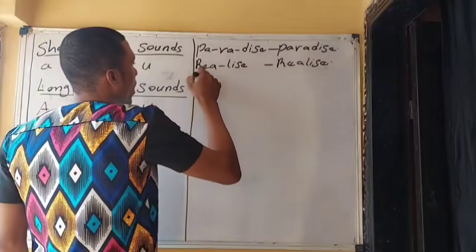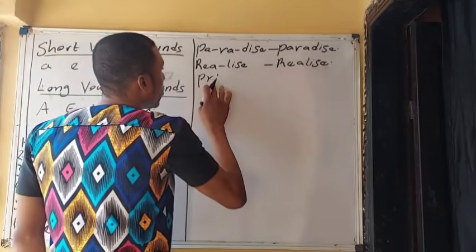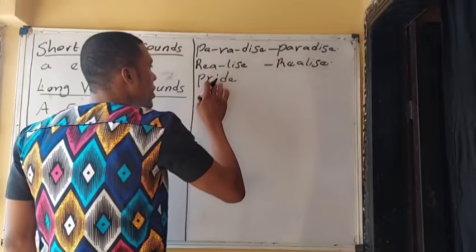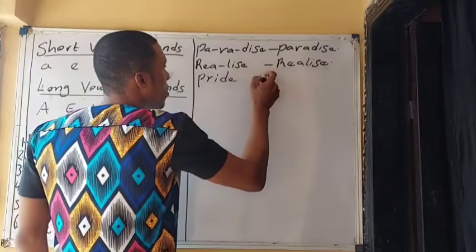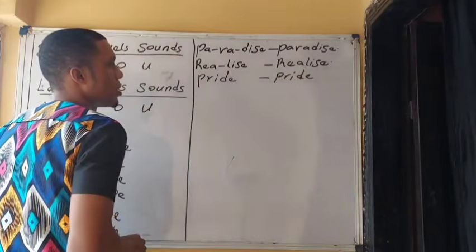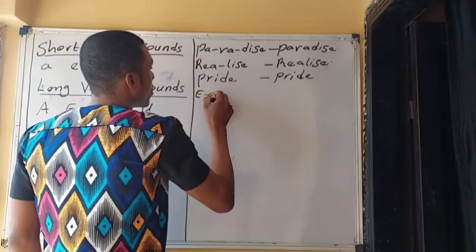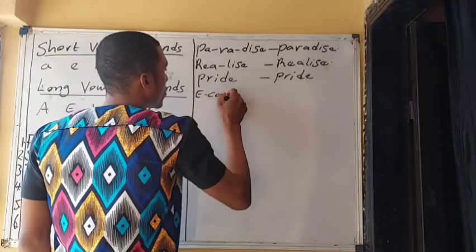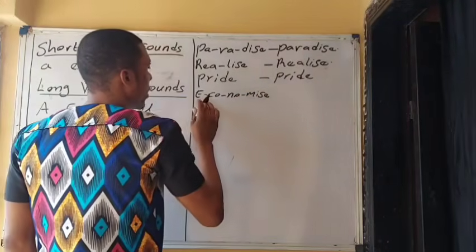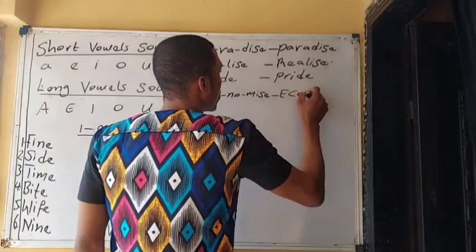Next, we have p-r-i is "pri". But if you add d-e, this E will change this to the "I" sound and it will now be what? Pride. Is that clear? Next, we have economize. If you bring it together, we have economize.